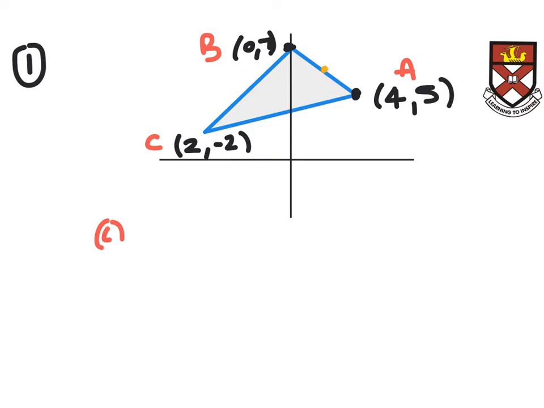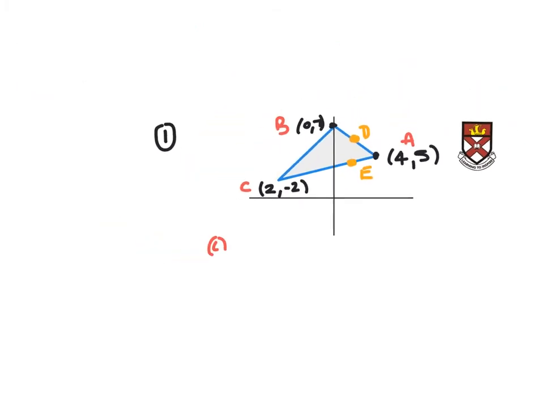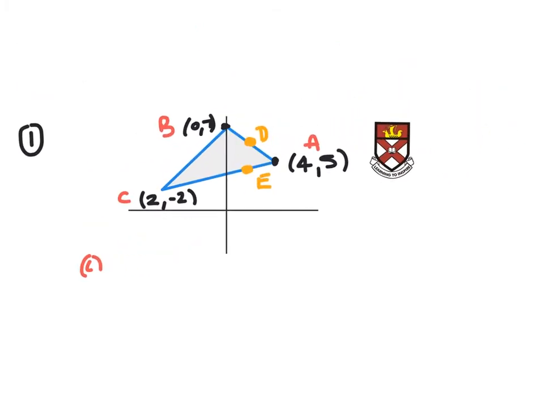So remember, this was D and this was E. I think I said F earlier, but it's E. So we need to find where the line BC, so I will need to extend BC a wee bit longer up here, and DE, this line up here, where they intersect. So I'm looking for this point up here, which is point F.